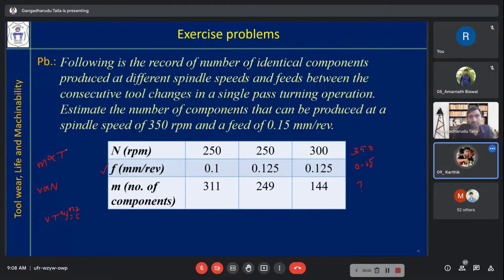Understood. So in place of V, we will write N. In place of T, you will write M. And the remaining is power n1, F power n2 equal to C.